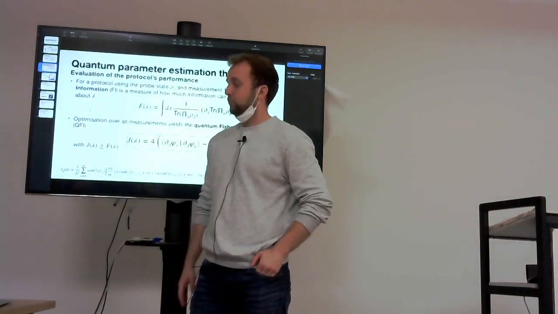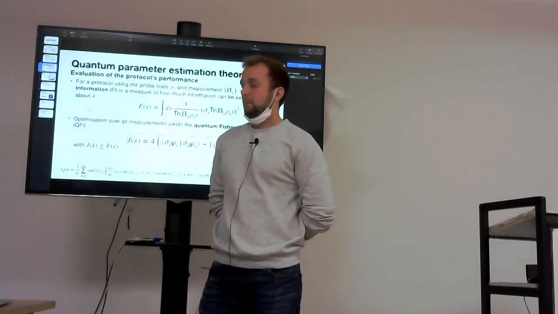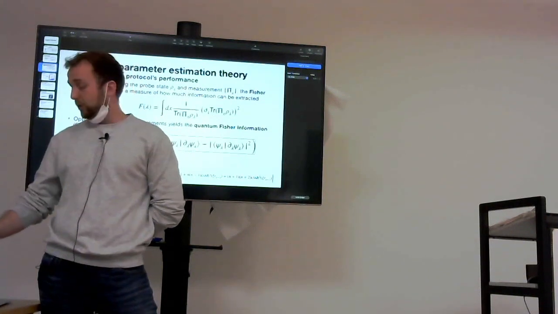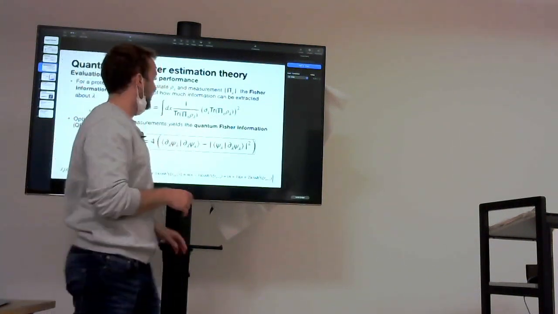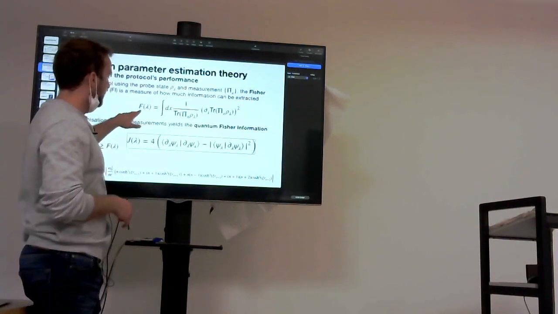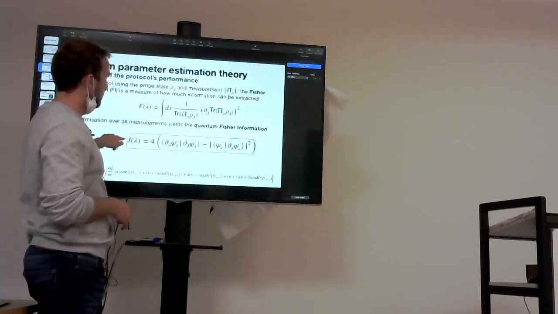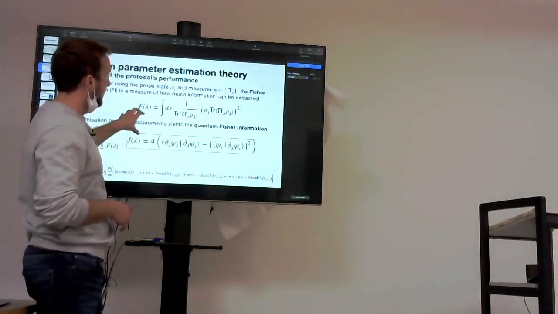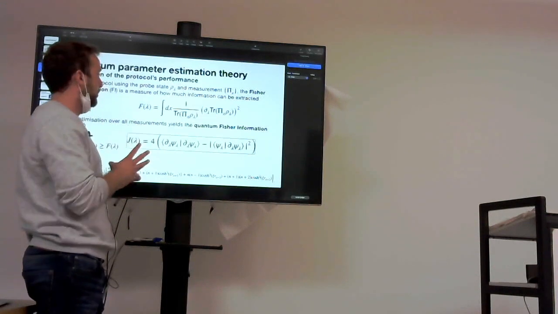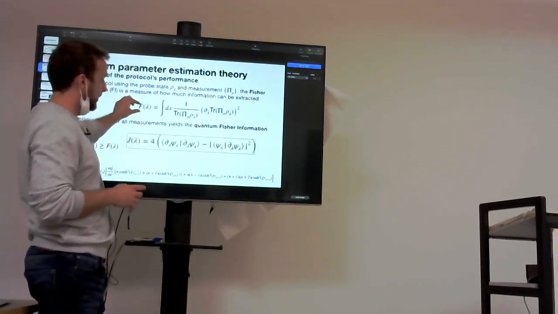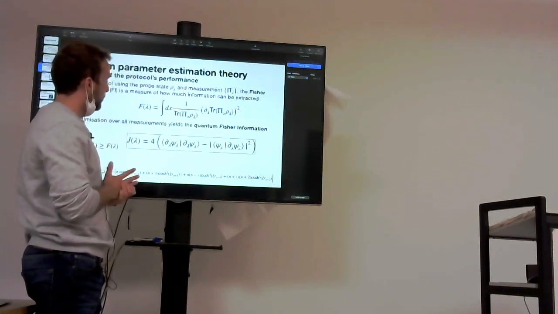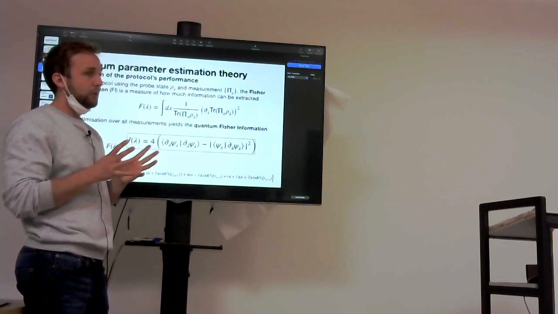So if we just take some arbitrary measurement for a particular probe state, we get the Fisher information that's generally smaller than the quantum Fisher information. But an optimal measurement is a measurement where the Fisher information is equal to the quantum Fisher information. So yeah, this is what we mean with optimal.